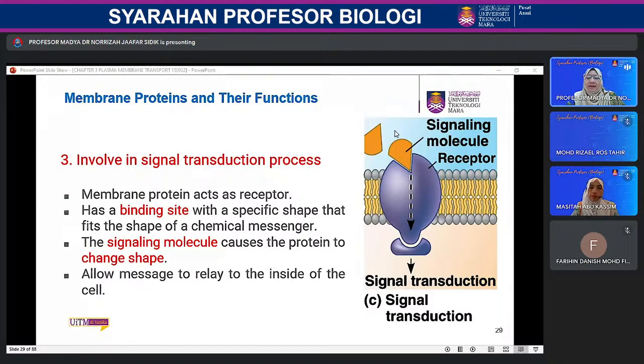The chemical messenger here could be a hormone, and the hormone will connect to the receptor that is embedded here in the phospholipid bilayer. The hormone can change the receptor protein and cause specific reactions, depending on the type of hormone or other substance, to take place within the cell.